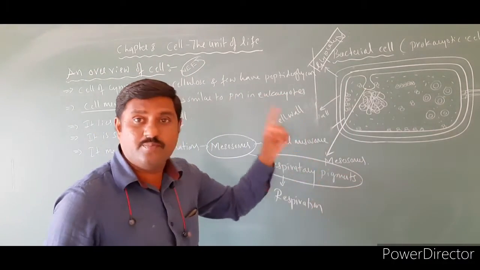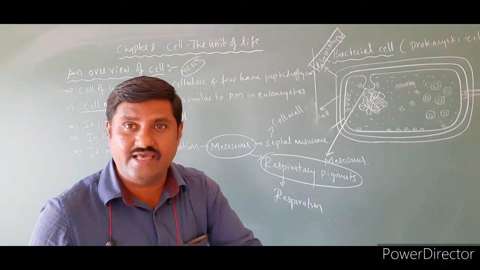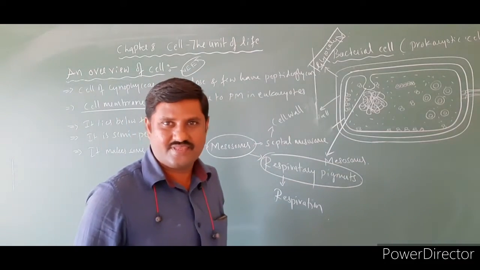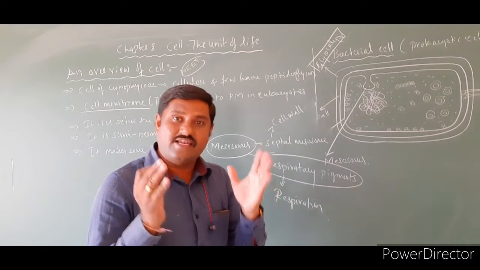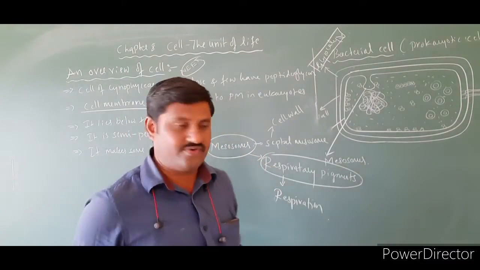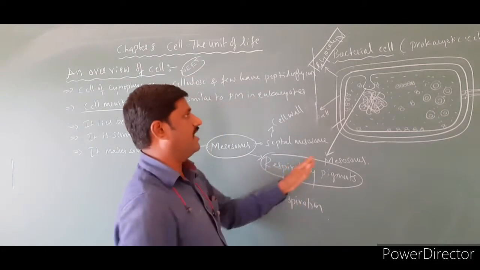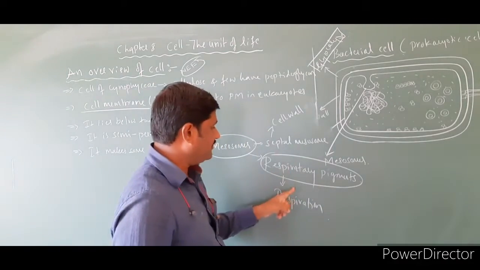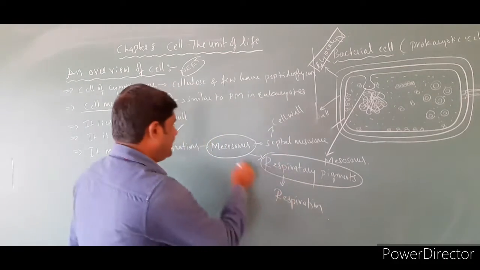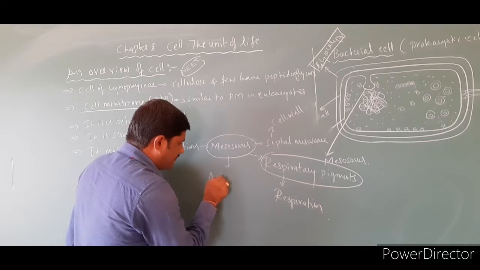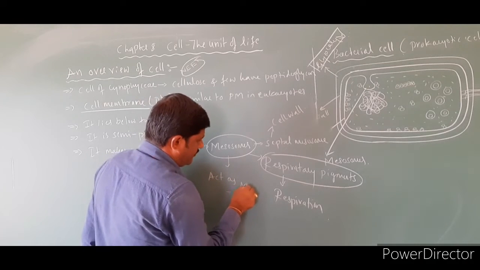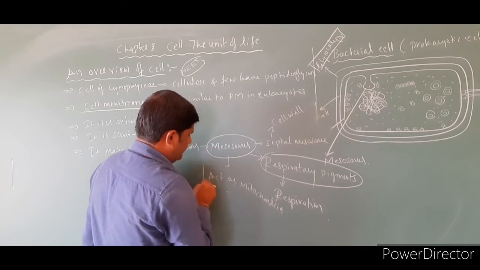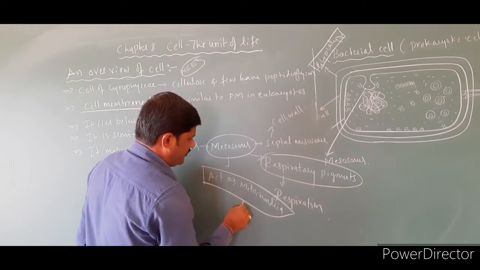This is a prokaryotic cell actually. It doesn't have any membrane bound cell organelles like mitochondria, as I have already mentioned. But cellular respiration must take place over here. That respiration is done by these mesosomes. Hence the mesosome acts as the mitochondria.